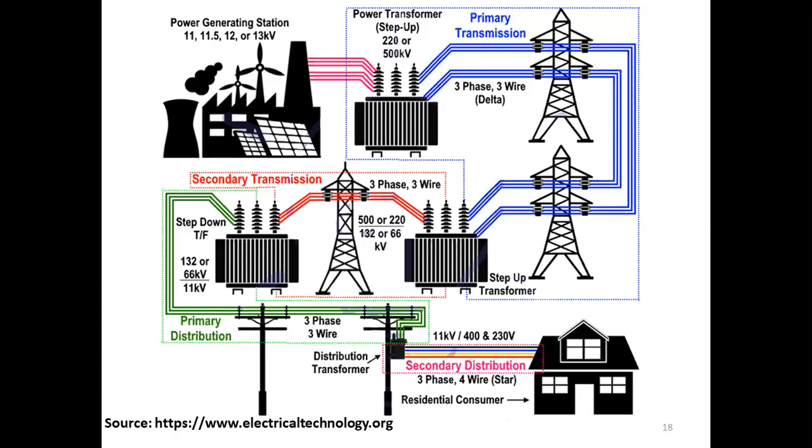That general information is more than enough. If you want to become an electrical engineer, you must know this infrastructure clearly. As a school student, it is more than enough. So this is how power is transported from the generating station to your home, right?